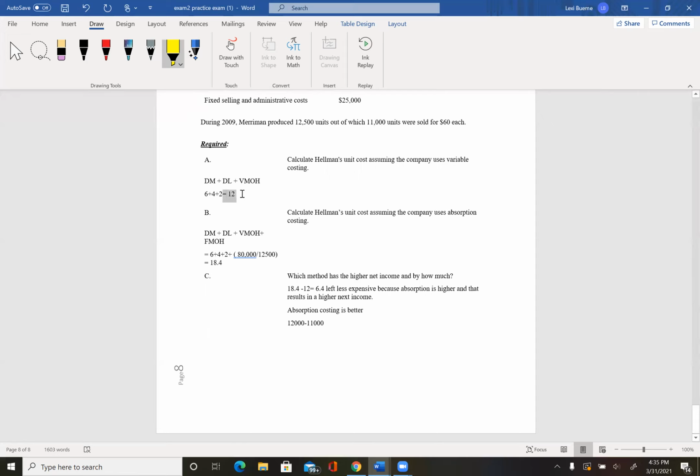Basically you're looking at right here, 12,500 minus 11,000, that gives you 1,500. And you're just going to multiply it by the 6.4 that we just found up here. And that is going to give you 9,600. That's going to be about how much higher it is.